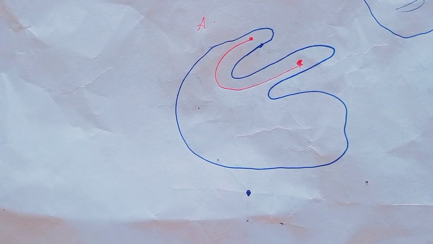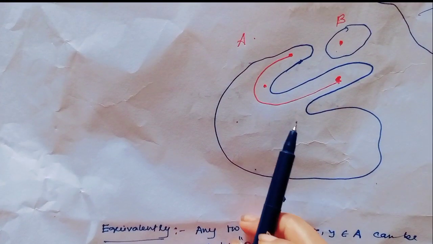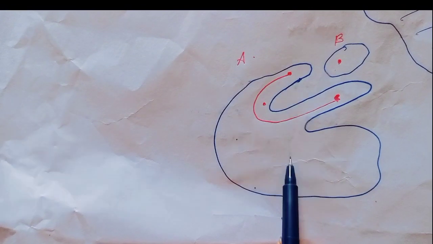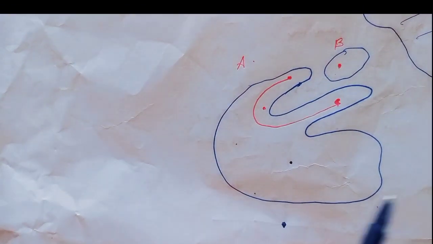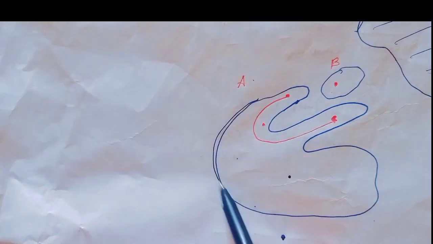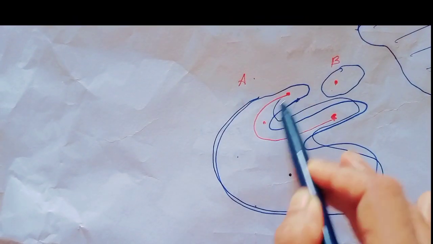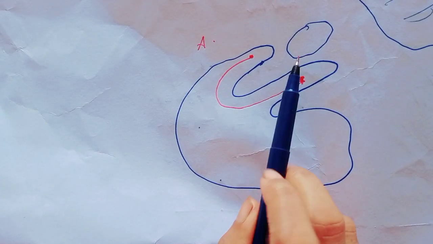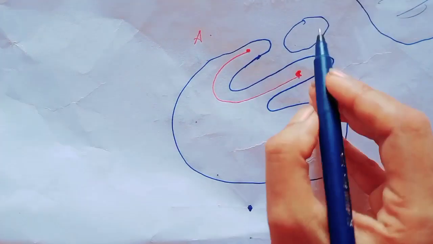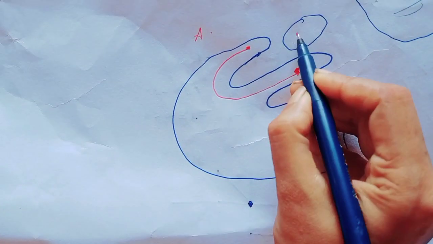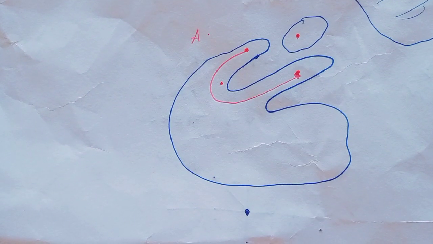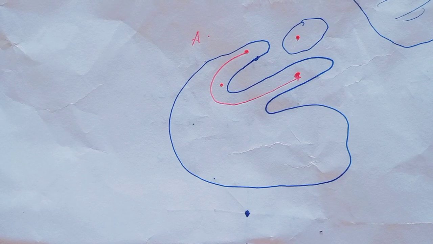This set A is path connected because for every pair of points of this set we can always define a path. If we consider these two sets, this is not path connected, because if we consider one point here and another point here, we cannot take any path between these 2 points.